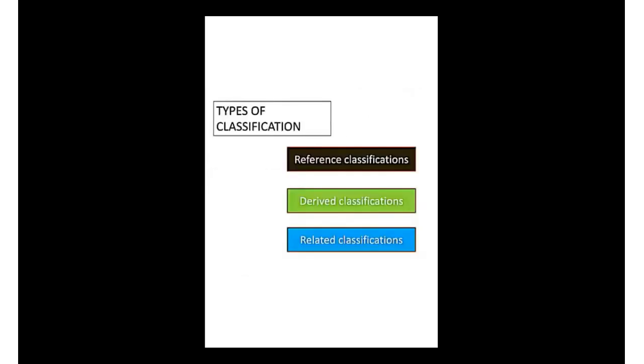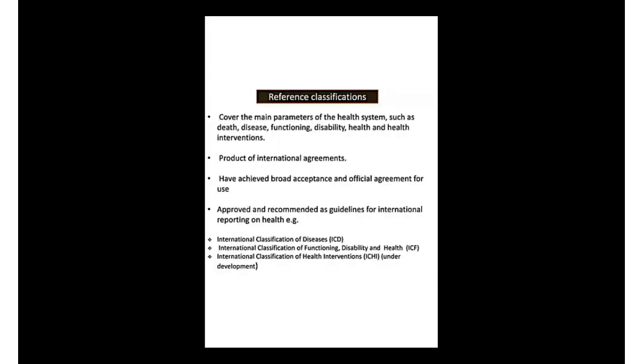So how are we going to classify this? If I talk about classification, the first is the reference classification, the second is the derived classification, and the third is the related classification. These are the different types of classification we follow in ICD. So what is the reference classification?